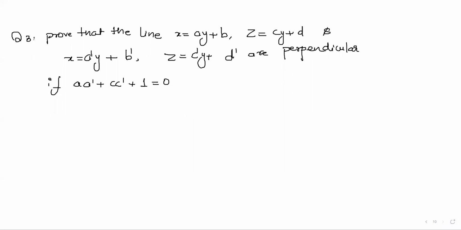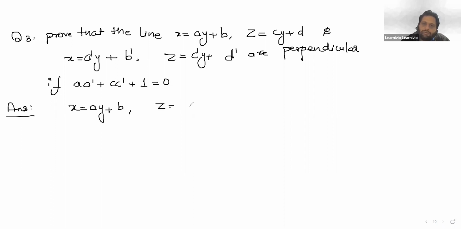First of all, please convert this into the standard form and share your answer with me. I will convert the first one; the second you will do on your own. First is x is equal to ay plus b and z is equal to cy plus d. Now check here, you have a variable y. So you can write x minus b is equal to ay.